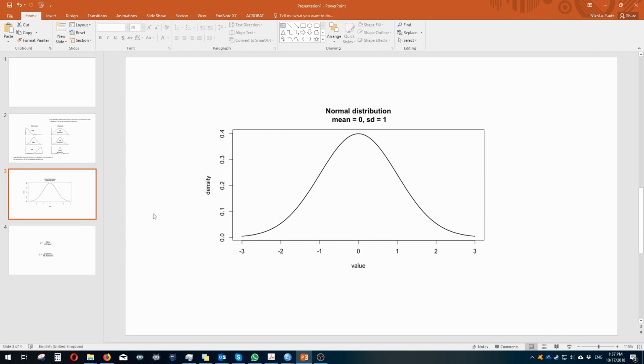So it's got quite a widely spread tail, and the peak is at the mean. So the highest point in the distribution in this case would be on a mean of 0. So that's a pretty good idea of how a perfectly normal distribution would look.